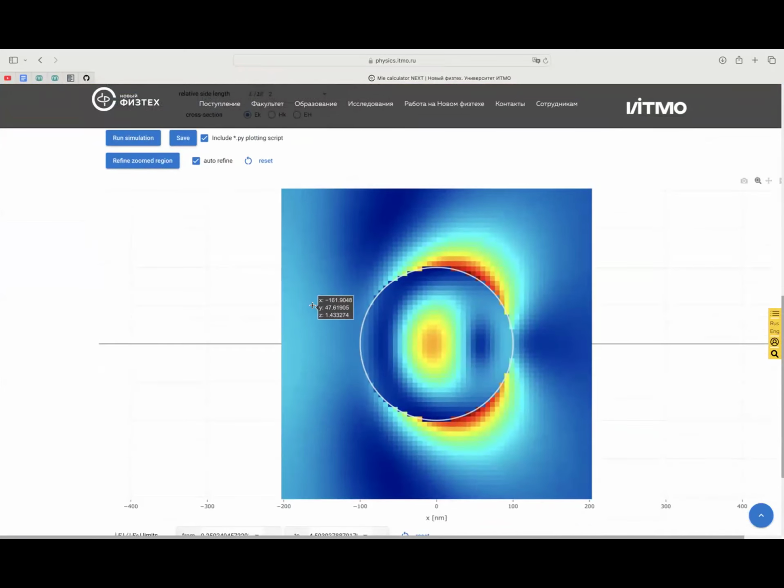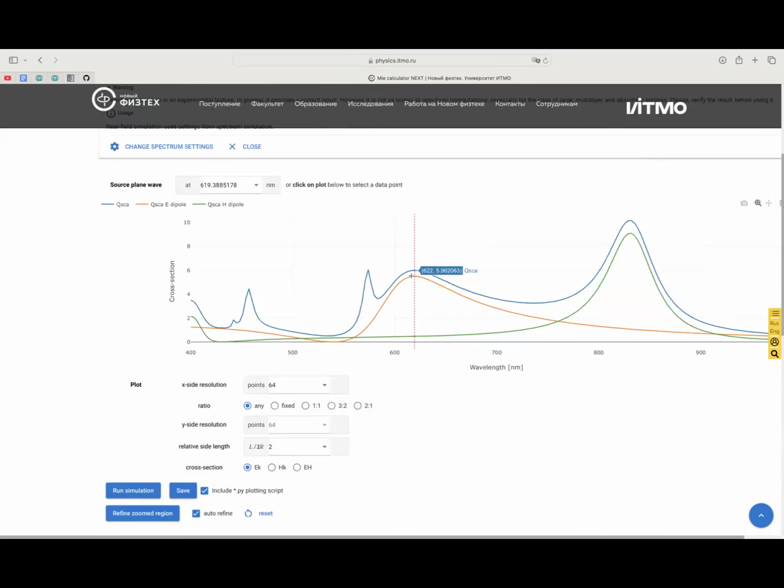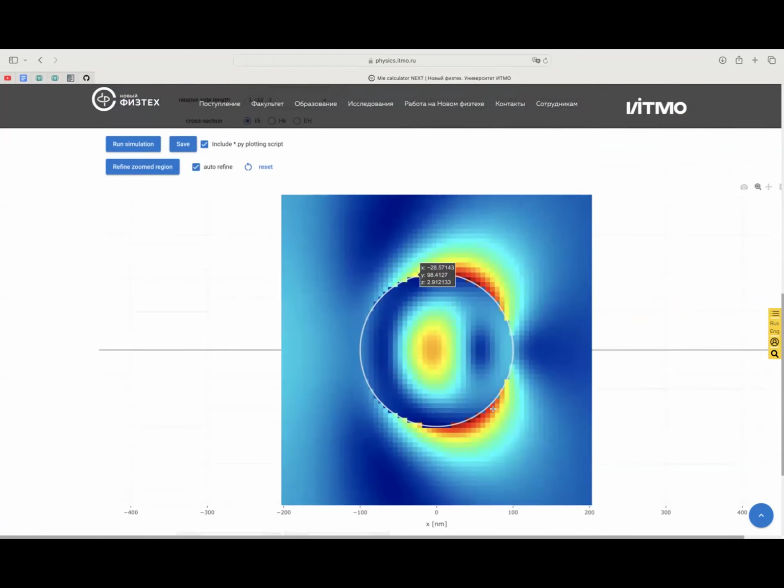Okay. So right now we are at the wavelength of the electric dipole resonance, where the B1 coefficient has its biggest value. We see something that looks like a dipole.